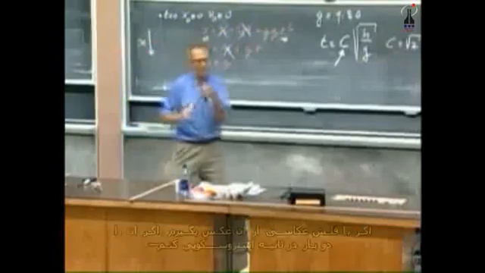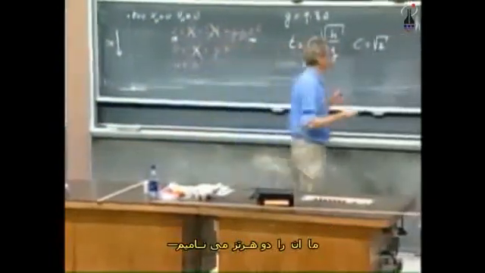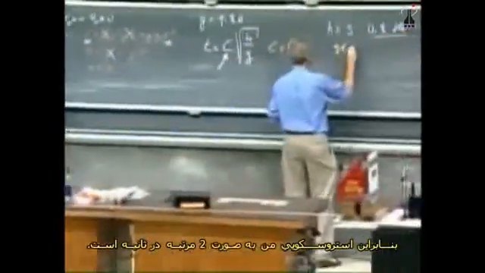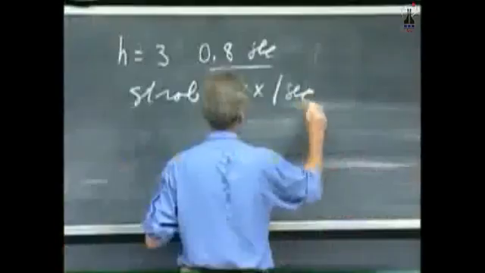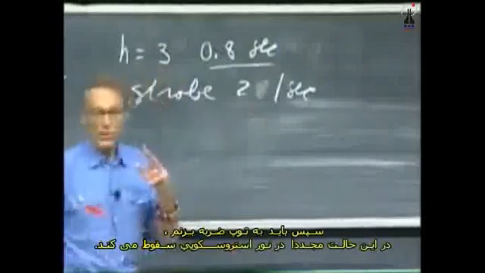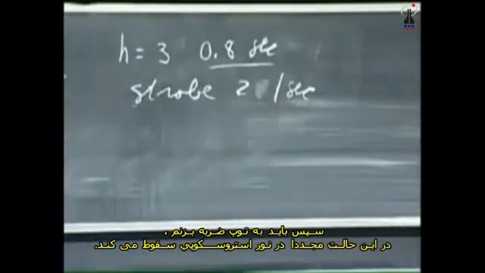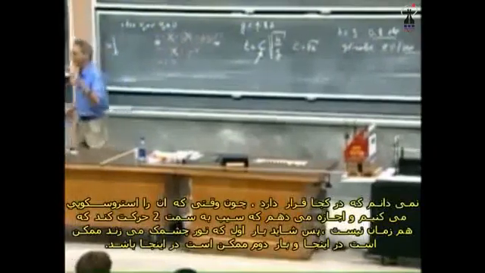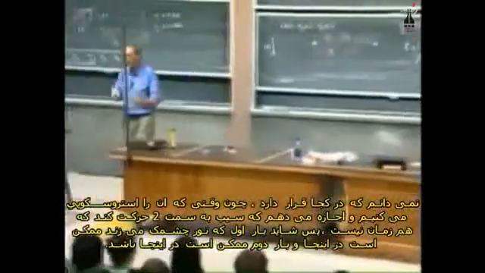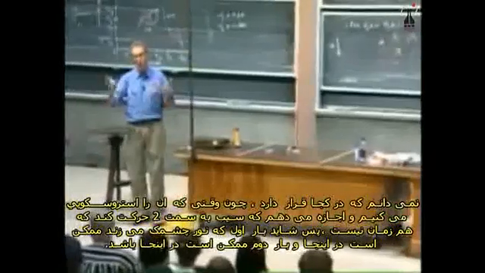If I strobe it twice per second, we call that 2 hertz, so my strobe is 2 times per second, then I should hit that ball when it's falling twice with my strobe light. I don't know where it is, though, because when we strobe it and when I let the apple go, the two are not synchronized.